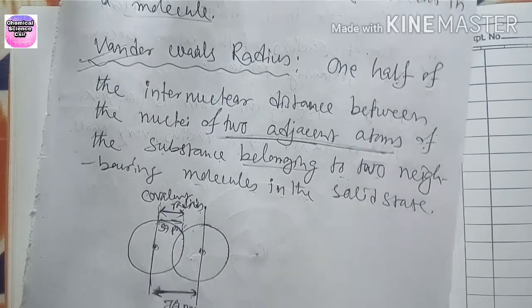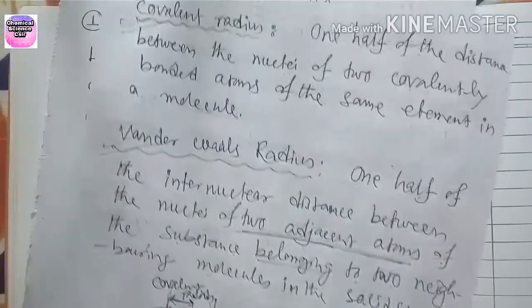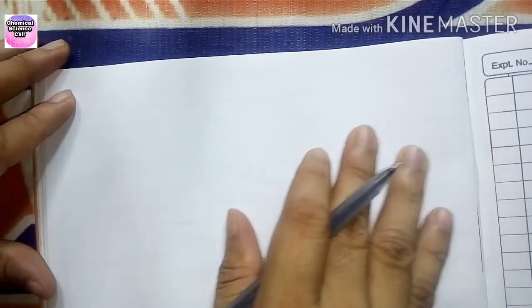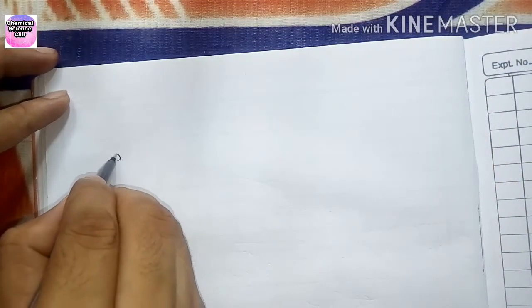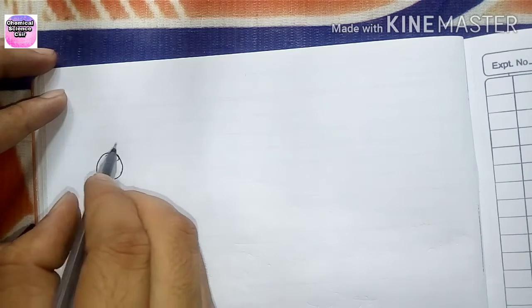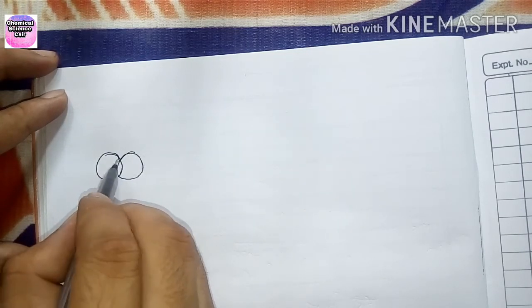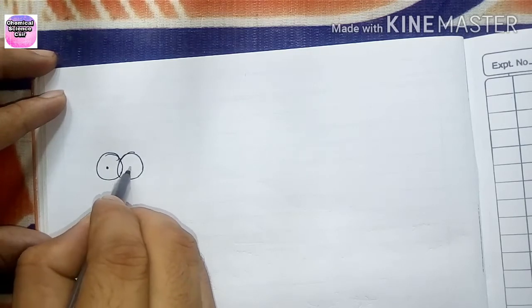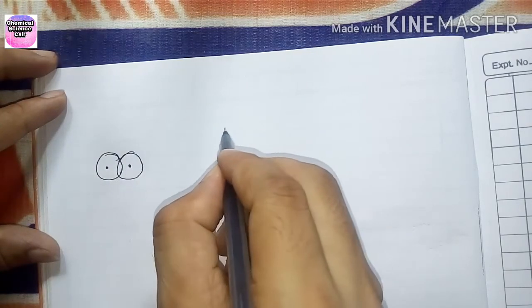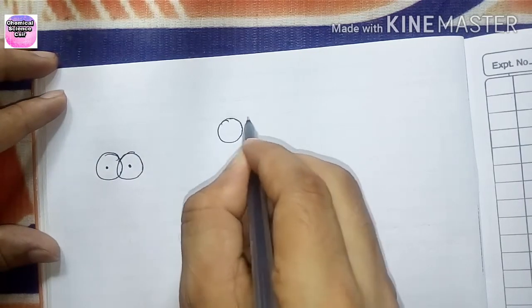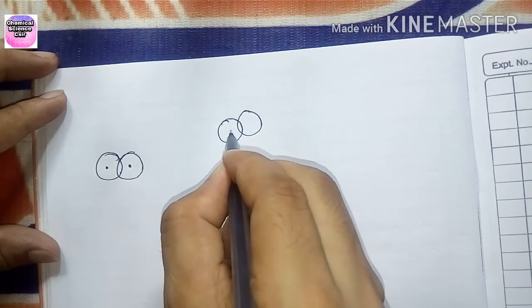Now, how to draw this? Suppose here is one atom, and here also one atom. This one is a nucleus, this one also a nucleus. Here is another atom, with its nucleus.